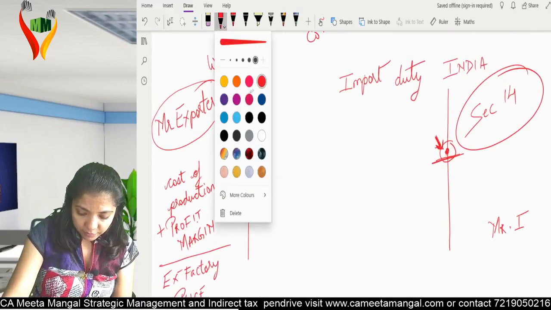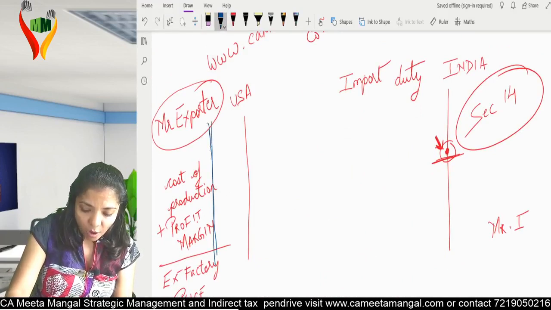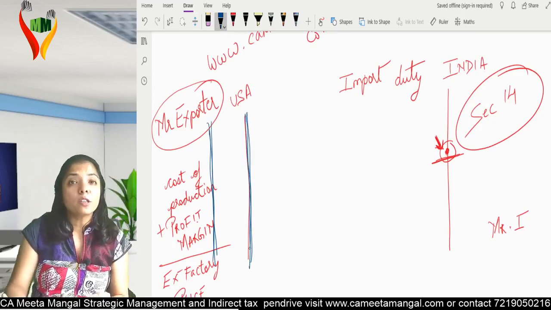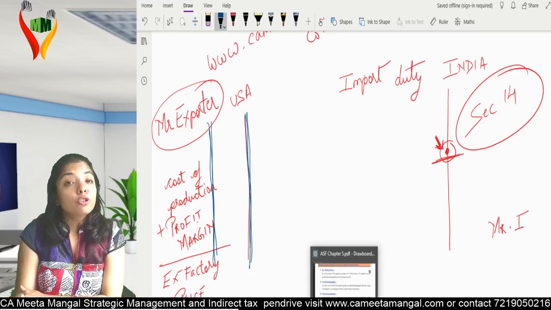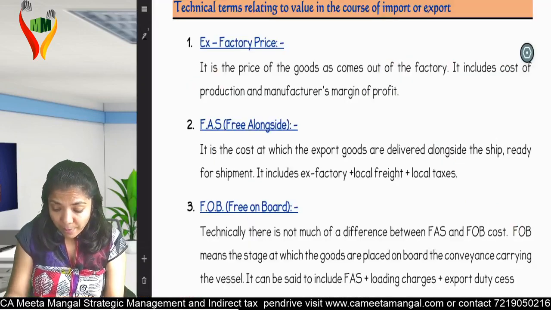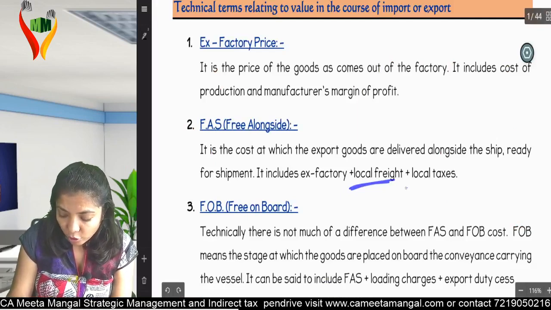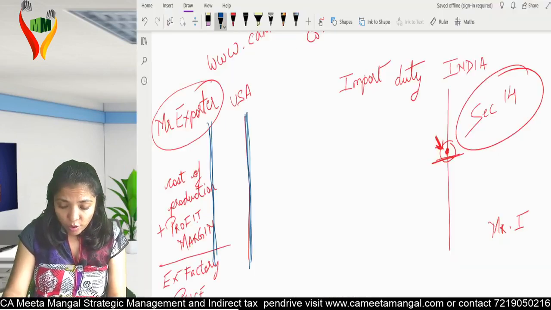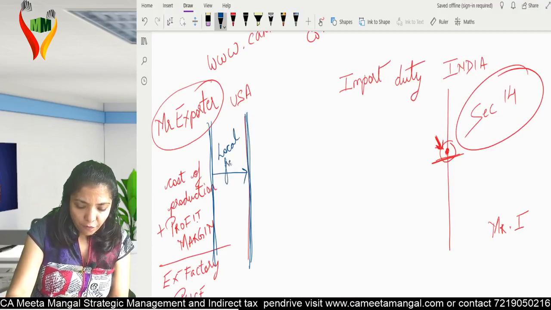Let's understand. This is a factory, right? Now, the exporter has to bring the goods to the US port. To bring the goods here, what will he be paying? He will be paying local freight and local taxes. That means freight and whatever taxes will come over here.